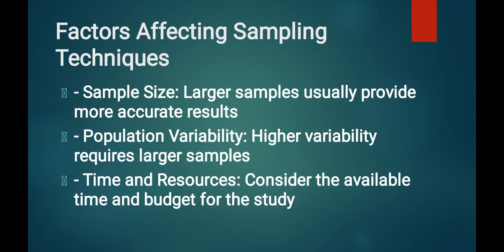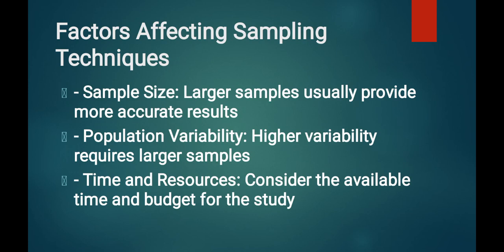Number three, time and resources. You need to consider the available time and the budget for the study. So if you have enough time, if you have enough resources, then you can consider having a larger sample. But if you see that you have insufficient resources, then you can opt for a smaller sample size. That's why most supervisors or lecturers ask you why did you choose that sample size.